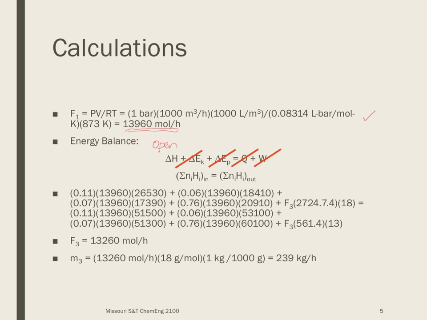The way the problem is described, there doesn't seem to be any significant velocity, so this is essentially zero, or no change over the course of the problem. Similarly, for potential energy, I'd have to have some sort of significant altitude change or some other form of change in a potential field. In this particular case, that doesn't appear to be the case, and so the potential energy is zero.